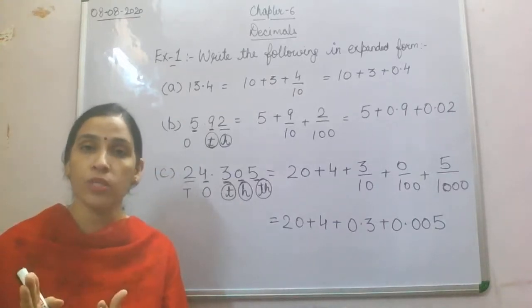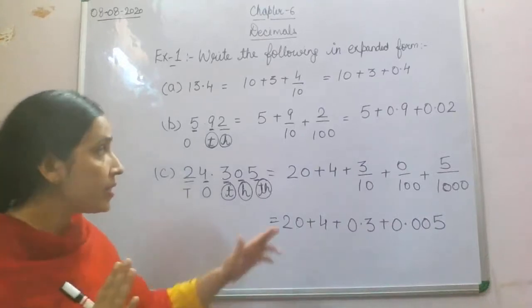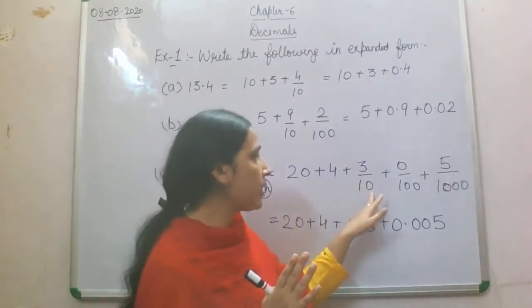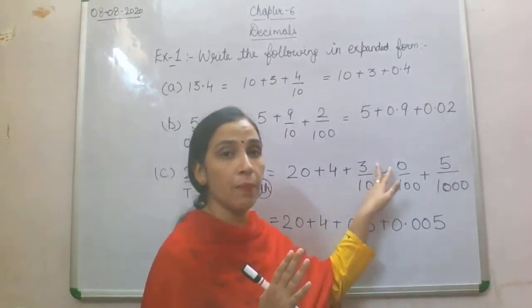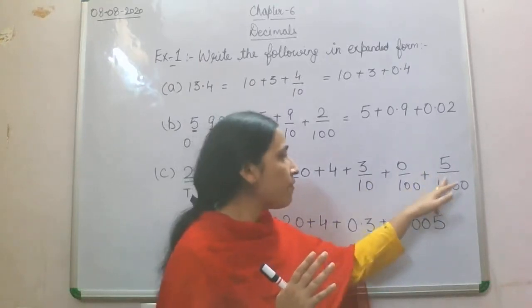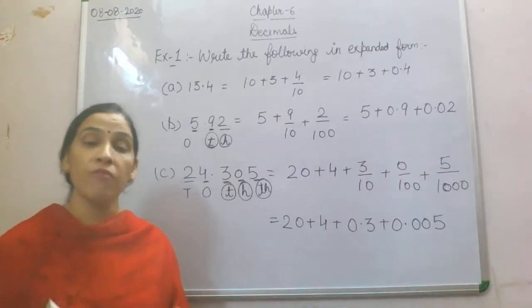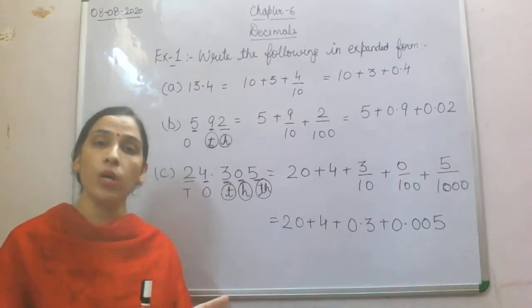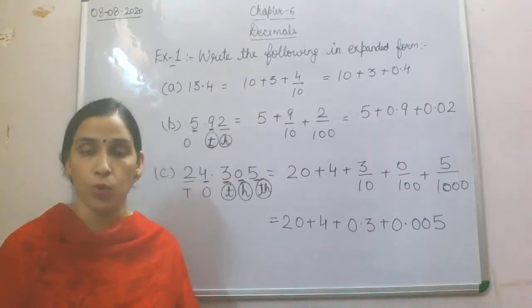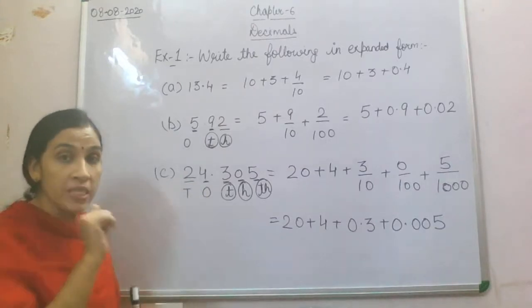See what I am writing here: 3 by 10 means out of 10 parts, 3 parts are shaded. Here 5 by 1000 means out of 1000, 5 portions are shaded. So the fractional part of any whole number is decimal only. So don't get confused in that.